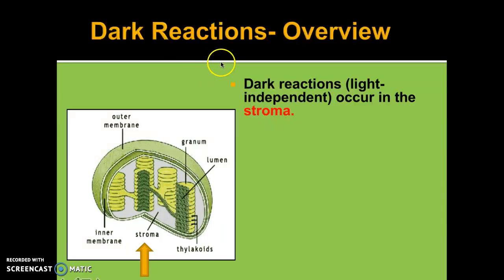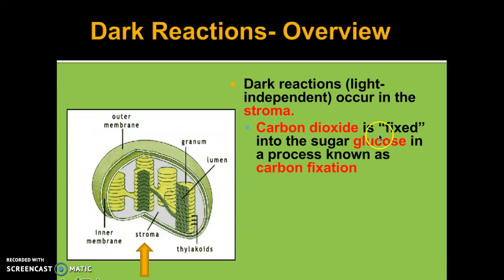So the next part is the dark reaction. This is the next step, where it actually occurs in the stroma, which is kind of like a cytoplasm, the empty space inside of the chloroplast. Inside there, carbon dioxide is going to be fixed into the sugar we call glucose in a process called carbon fixation.